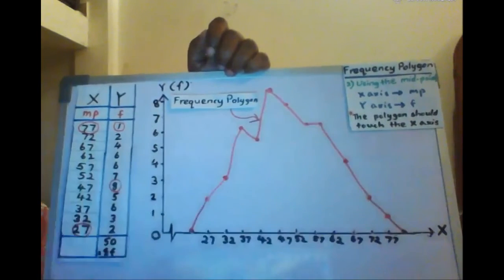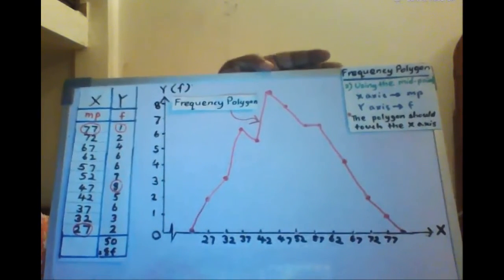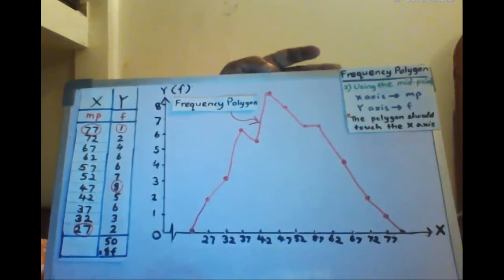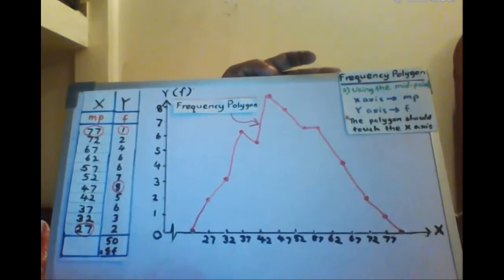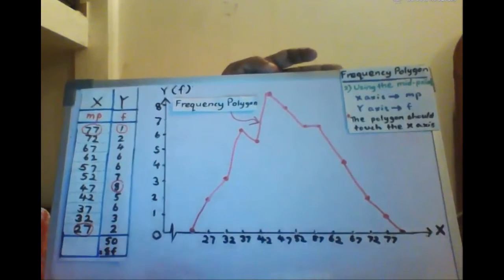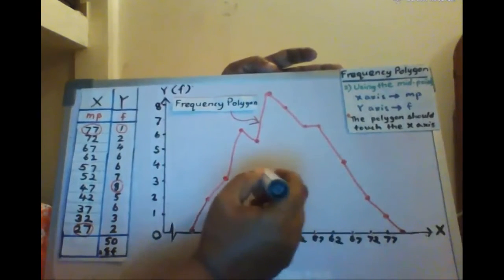what you have to do is take the past papers, five past papers, and you have already drawn the histograms. On the histograms, draw the polygons, right? And when giving marks, it should be like this.